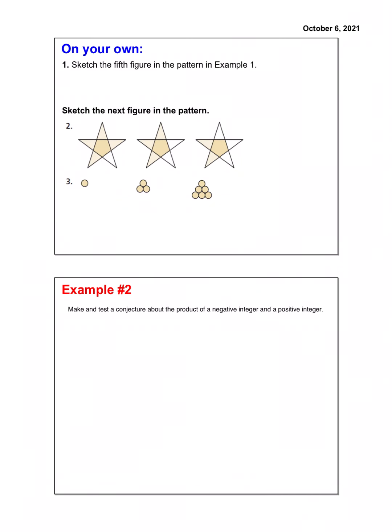Example number 2 says make and test a conjecture about the product of a negative integer and a positive integer. For this one, we're making an observation of what we see when we're multiplying a negative integer times a positive integer.